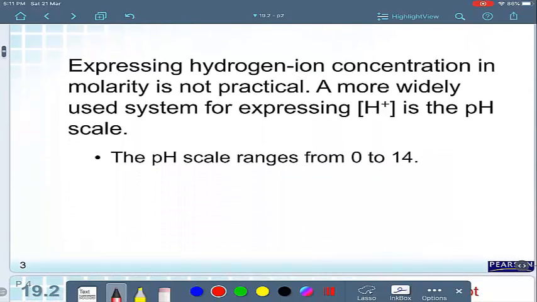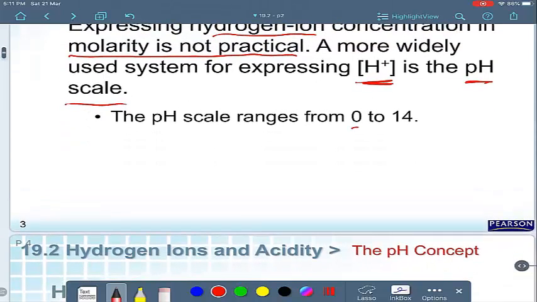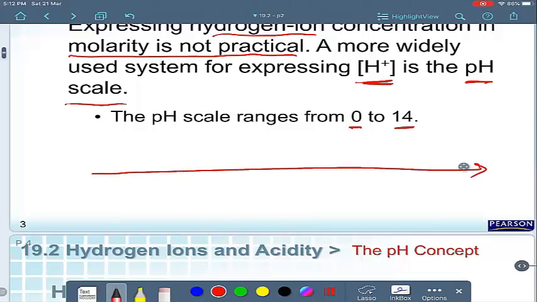To express the hydrogen ion concentration, not by molarity, more widely we express it by using the pH scale. So it's a scale, and this scale ranges between 0 and 14.